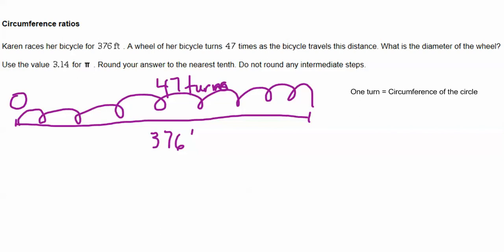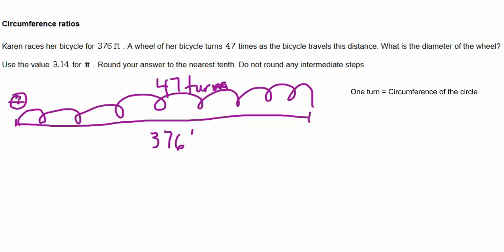So this time we're solving for the diameter of the wheel. First things first, if in fact one turn is equal to the circumference of the circle, instead of one turn being the circumference, we've got it turning 47 times.